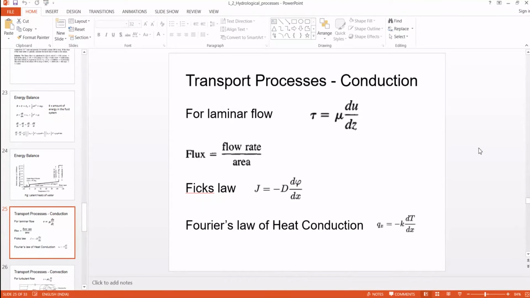This is nothing but momentum transfer in the vertical plane. So tau is equal to mu into dou u by dou z. There also, since there is a velocity gradient across the depth, the momentum is transferred from high velocity to low velocity areas. So that is given by this equation, tau is equal to mu into du by dz.